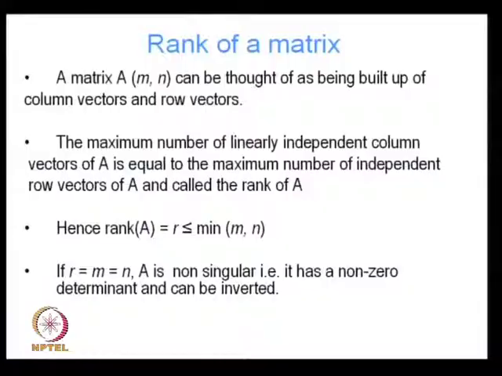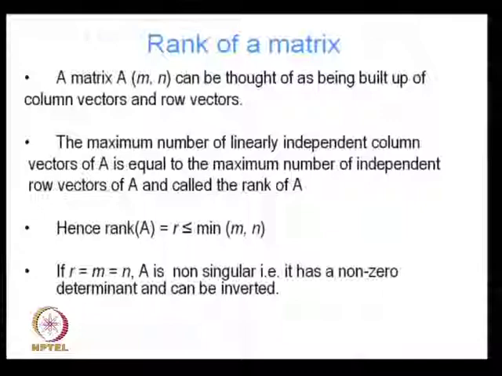If m is equal to n, meaning A is a square matrix, and if the rank is equal to m and equal to n, then the matrix A is said to be non-singular. That is, it has a non-zero determinant, it can be inverted, it is invertible.